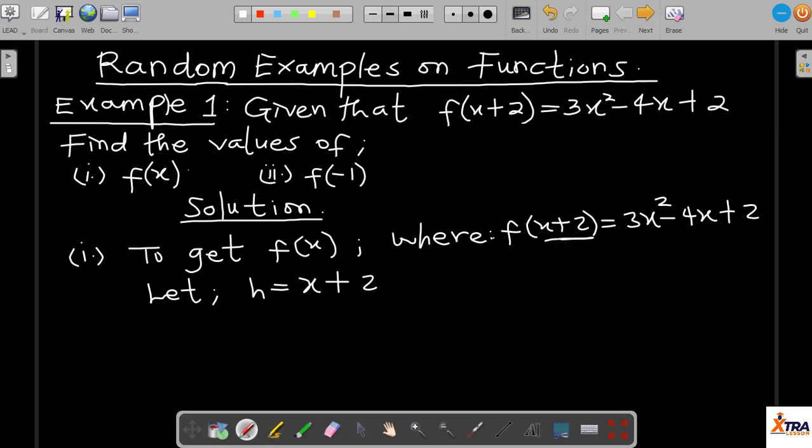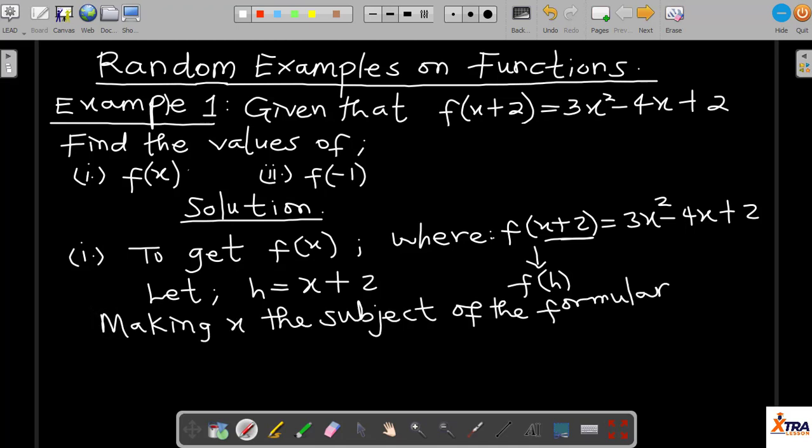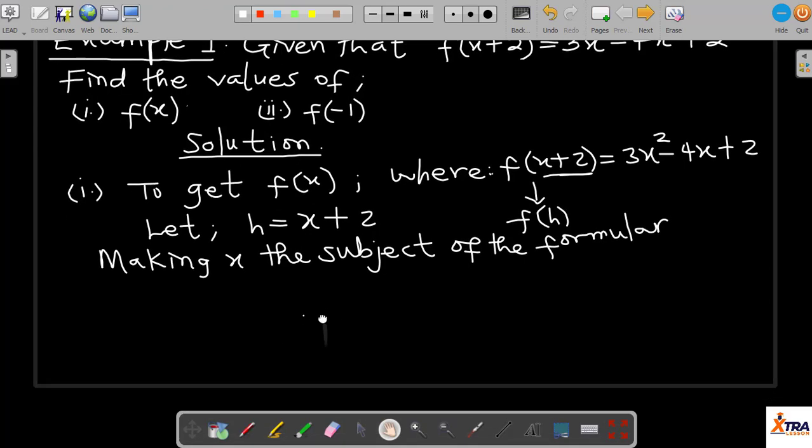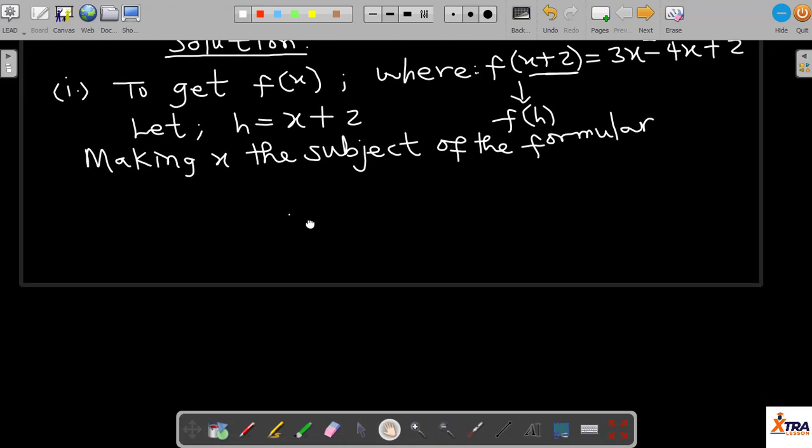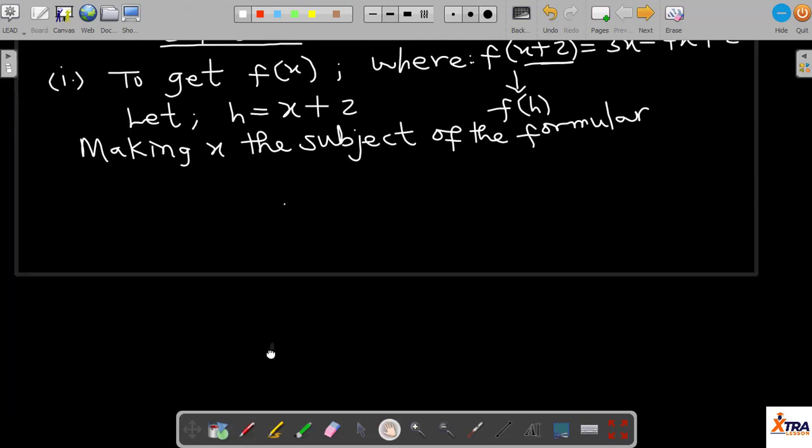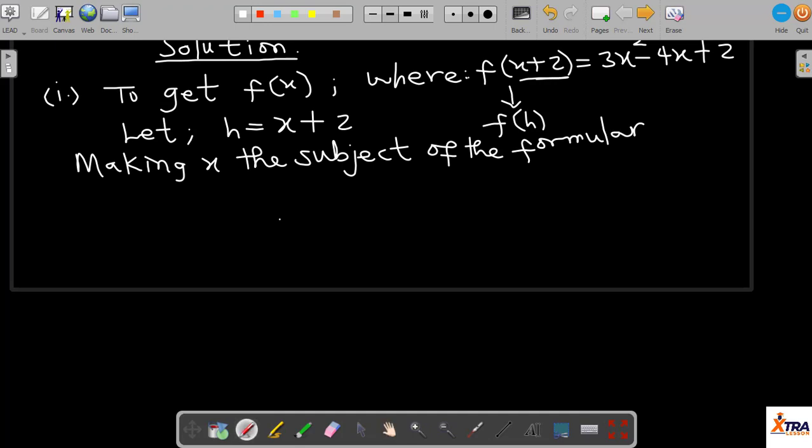In such a way, we are making this function become a function f of h. So let h be equal to x plus 2. If h equals x plus 2, then making x the subject of the formula, we derive x to be h minus 2.